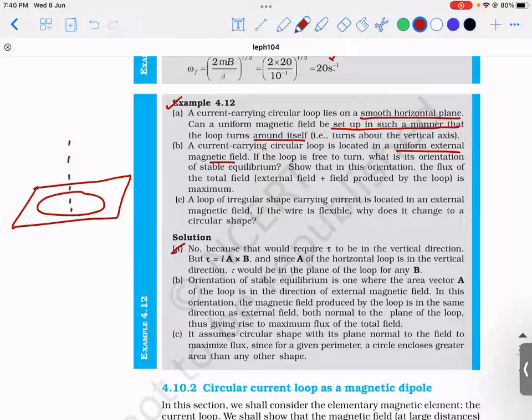Turns around itself means it should revolve about this axis, like how you put the dosa on the pan. If it has to revolve, in which direction will you apply the torque? You will say torque vector is equal to m vector cross B vector, and the m vector is in this direction.